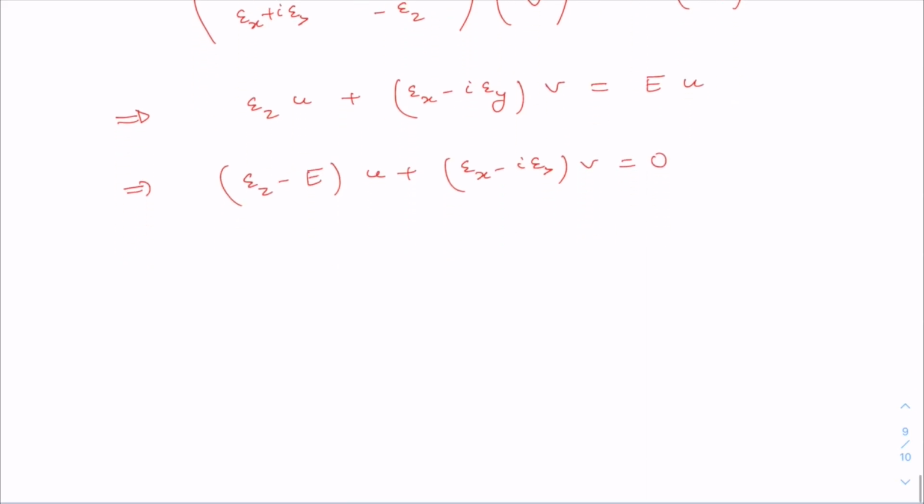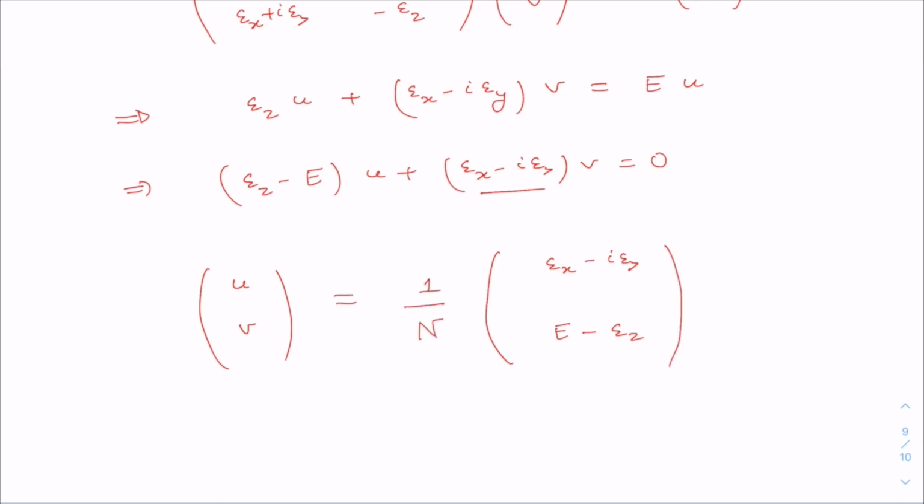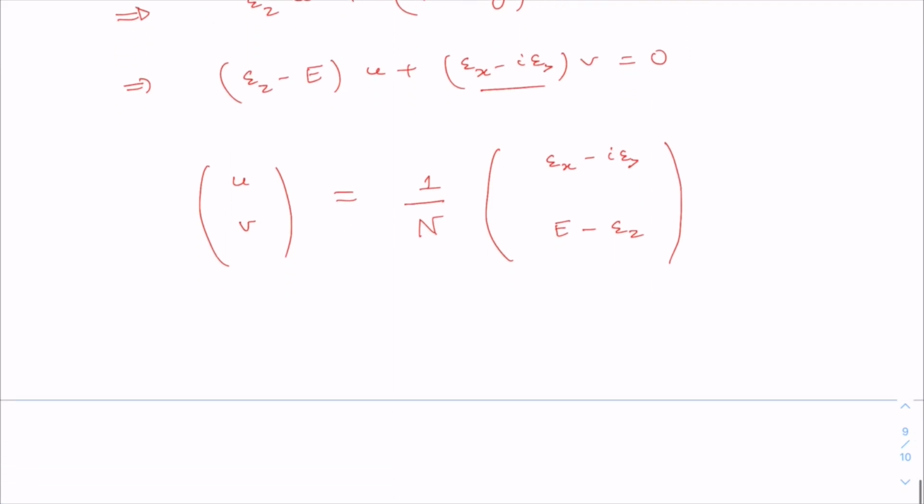So we can write u and v. If I take u equal to ε_x − iε_y, then to satisfy this equation I must take v as E − ε_z, and it has to be normalized. So let us say n is the normalization parameter.